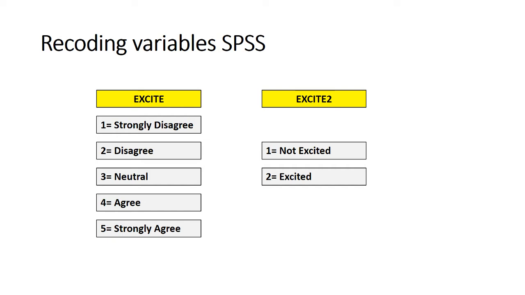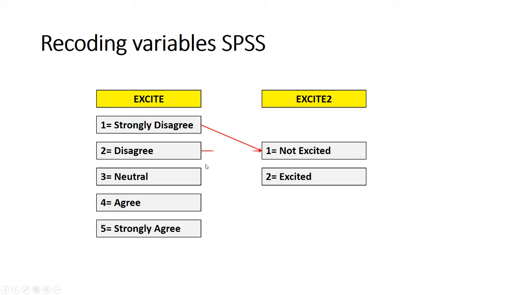And so the way that we're going to do this is that before you get to SPSS, whenever you are going to recode a variable into another variable, you should lay them out like this, and decide how you're going to recode it. In my case, let's go category per category. If you score a 1, strongly disagree to the statement, I'm excited about the course, I'm going to put you down as not excited.